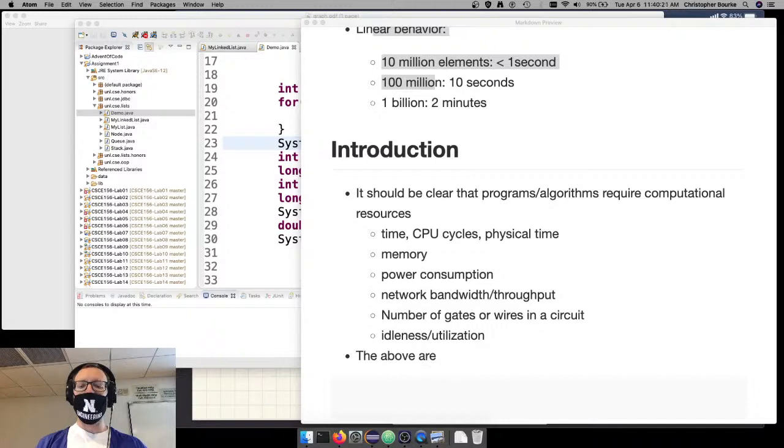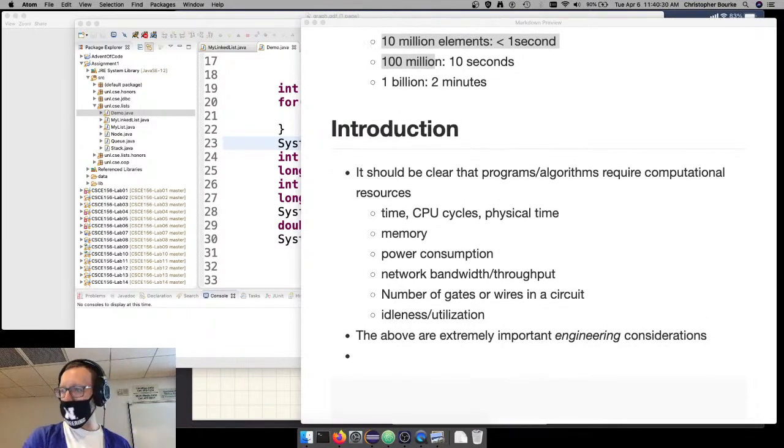The above are extremely important engineering considerations. When you're actually designing a system, yes, the time, the utilization, the power consumption, all of these things do matter, right? But we don't want to analyze an algorithm just in one context. Here's an algorithm, right? Well, okay, on this system it has very, very good power consumption.